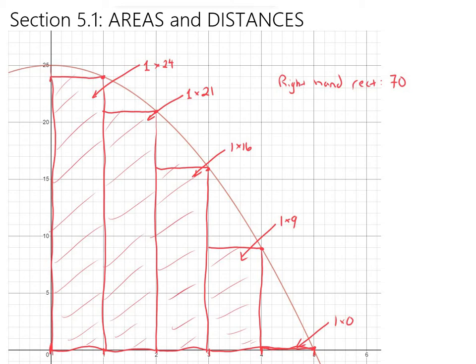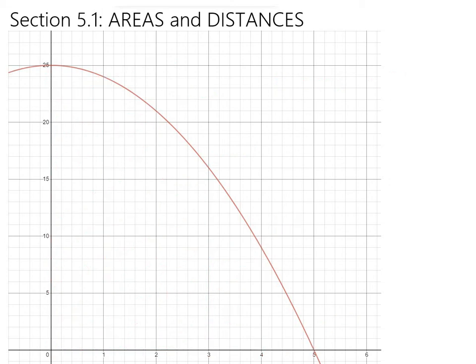Part B says to go ahead and do that same thing again, but use the left side of each rectangle. So let's clear out those right-hand rectangles, and let's do this again, maybe in a different color. And let's say with left-hand rectangles, we still want 5 of them, so we're still putting our marks in the same points.